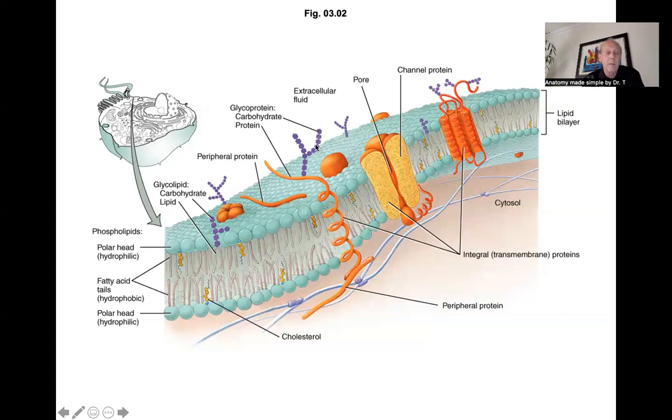These proteins essentially are there to fulfill other important functions, but we need to think about the cellular membrane, its bilayer of phospholipid, and we're going to pay specific attention to transport across the cellular membrane.